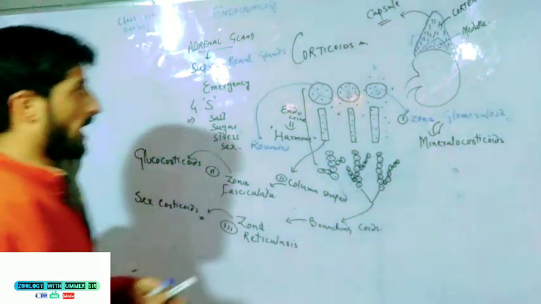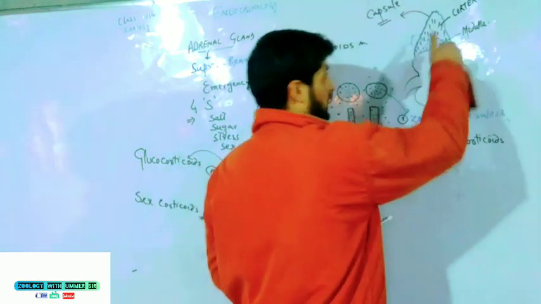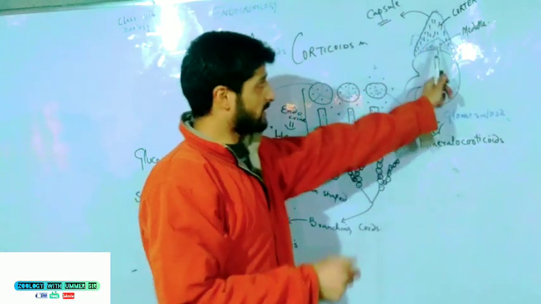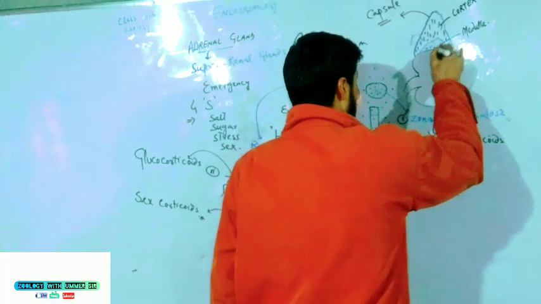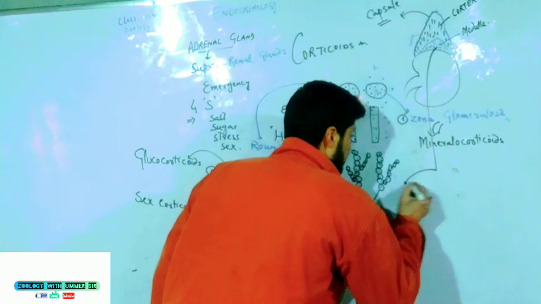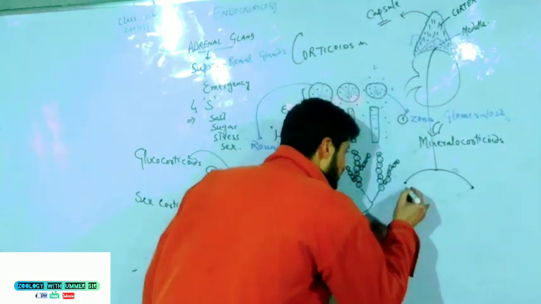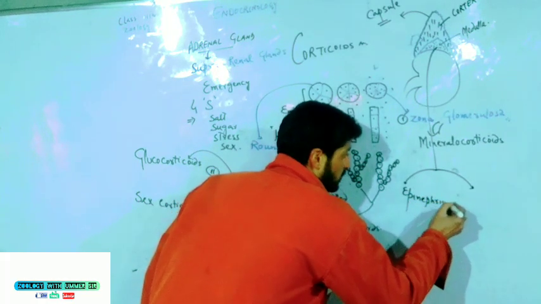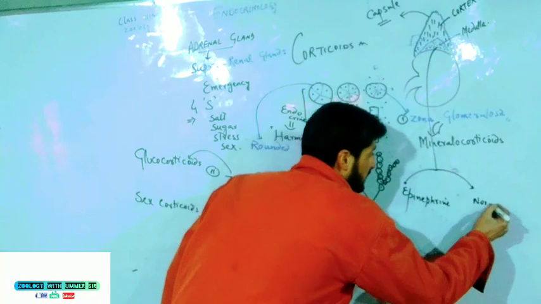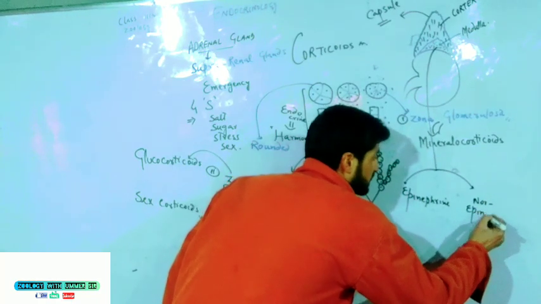The second part of the adrenal gland is the medulla, and it produces two special types of hormones. One is epinephrine and the second is norepinephrine.